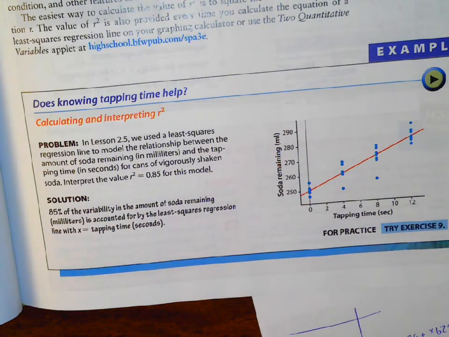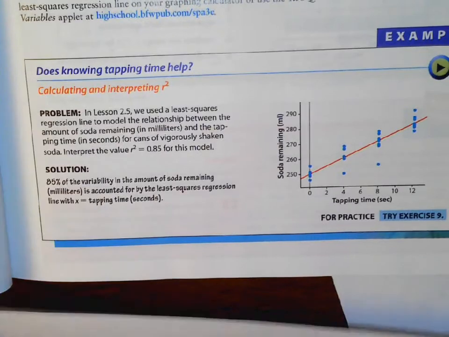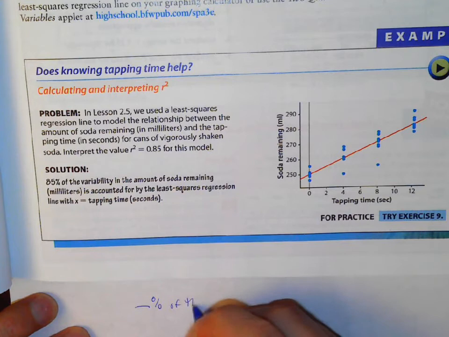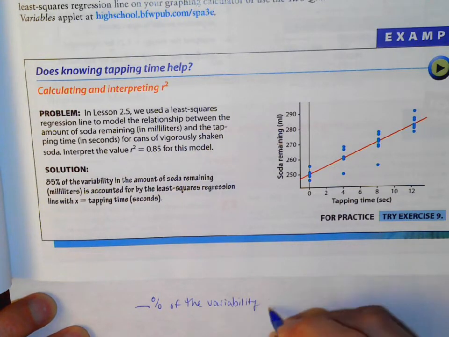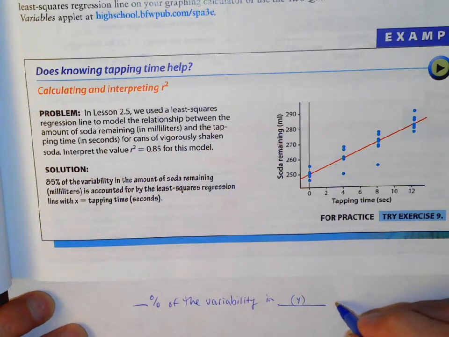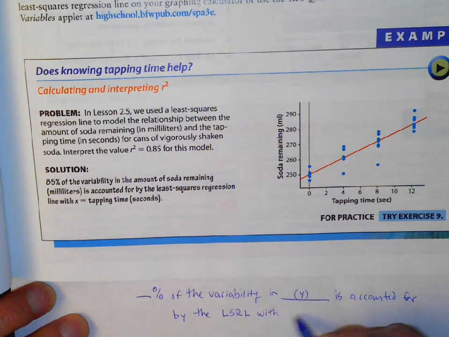So I want you to memorize this sentence. This is how you're going to interpret it. We're going to say whatever percent of the variability in whatever your y variable is, is accounted for by the least squares regression line with whatever our x variable is.